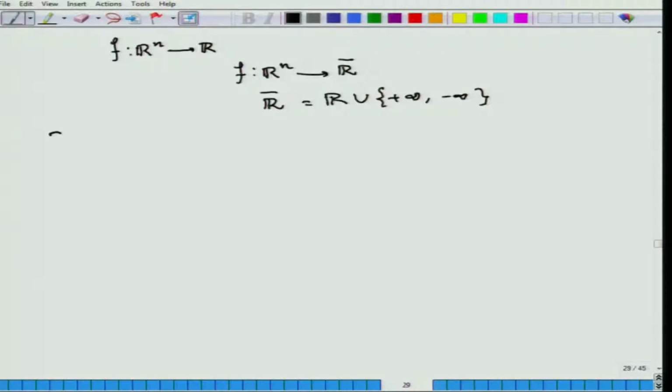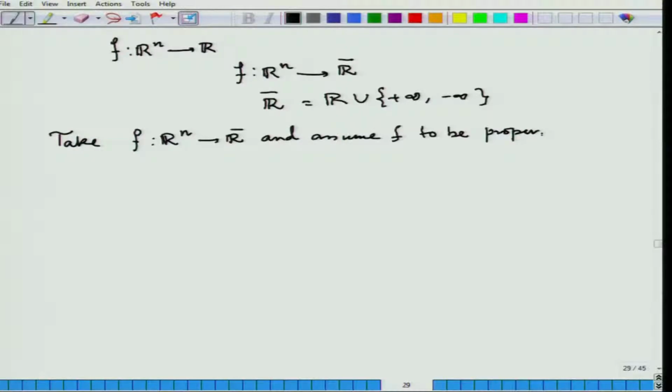So, take f from R^n to R bar and assume f to be proper. So there is at least one point where the function is finite. Let x be a point where f is finite.